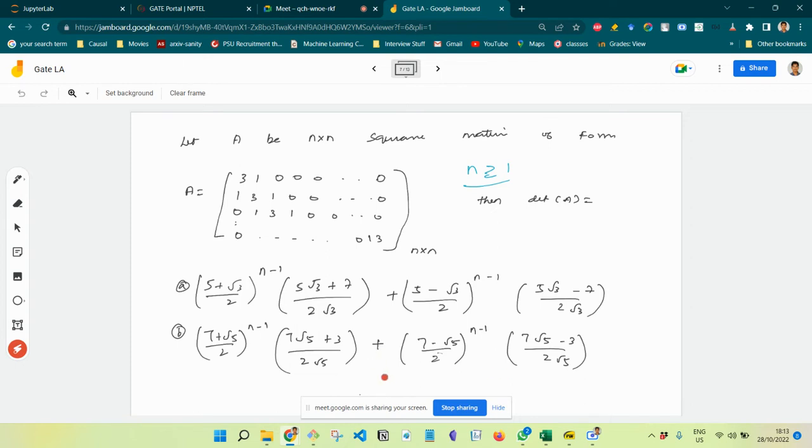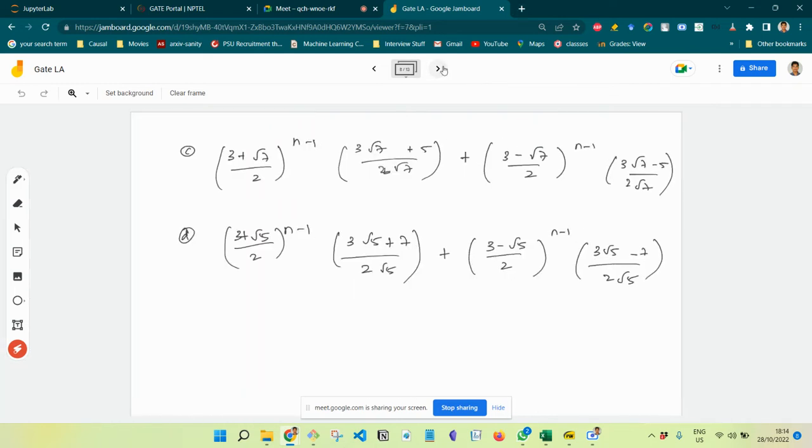Then you have 14 by 2, which is 7. Got it? Is it clear why this expression evaluates to 7? Yes, sir. But we know that when n equal to 1, the determinant of A is 3, right? That is why you can eliminate B also.